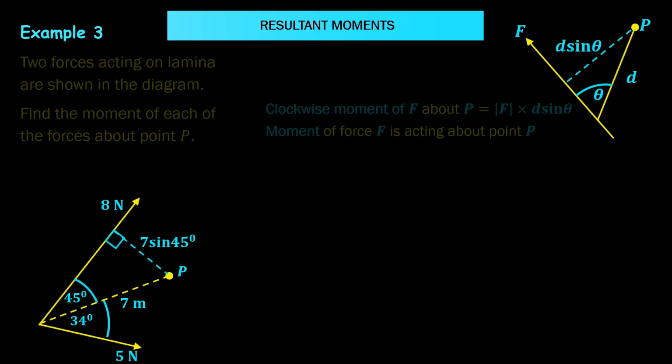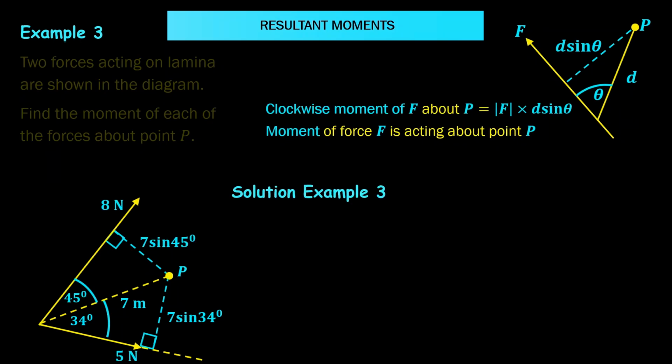This is equal to 7 sine 45 degrees. Now let's find the perpendicular distance from the point P for the 5 Newton force. This is equal to 7 sine 34 degrees as shown.